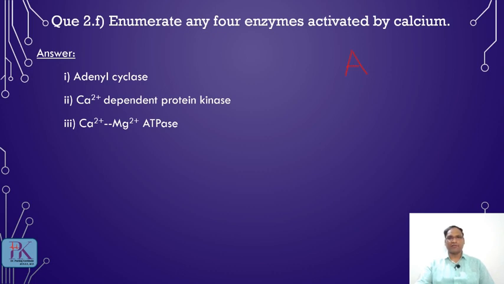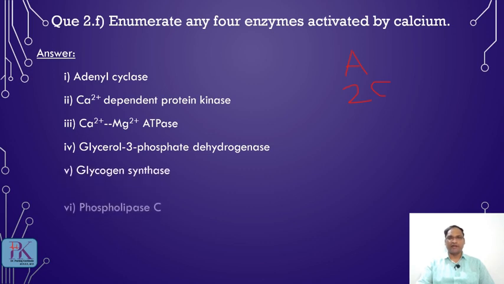So you have A, then C, then comes G: glycerol 3 phosphate dehydrogenase and glycogen synthase. These are 2G, and then 3P. Which are the 3P?